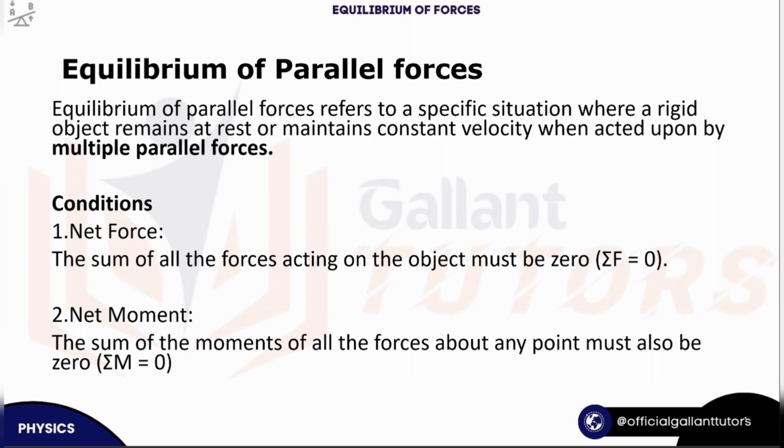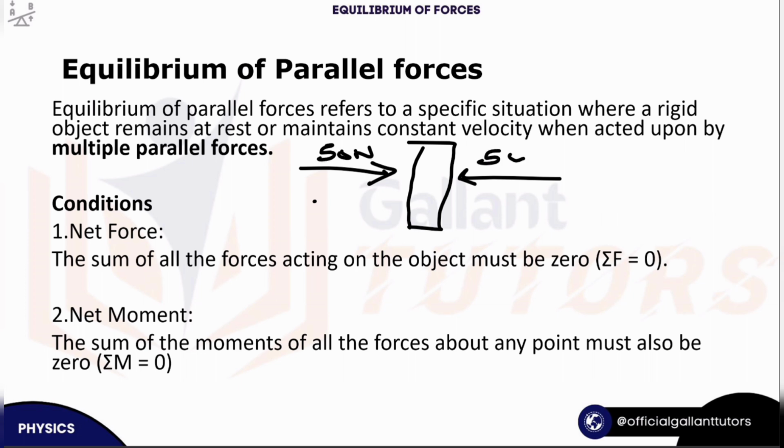So let's assume I have a block. I apply a force in this direction, and this force in this direction too. Let's say I apply 50 Newton, and also this 50 Newton. So I expect this block to remain at this same point.